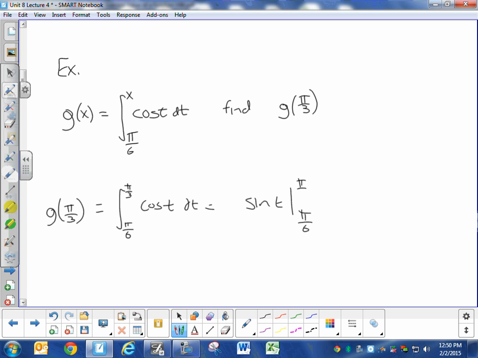Okay, so it's all kind of review. It's all stuff we've done. It's just this looks a little different. We just have to plug in a value first. Sine of pi over 3, root 3 over 2, sine of pi over 6, 1/2. Okay, so root 3 minus 1 over 2.